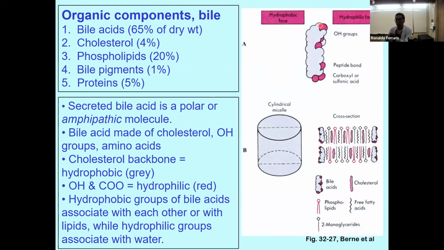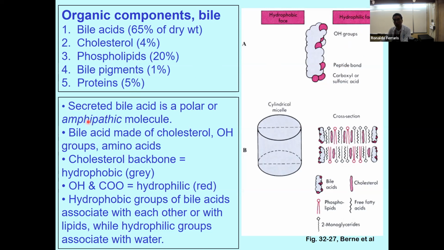So secreted bile acid is a polar or amphipathic molecule. So this is your bile acid. The gray part is the hydrophobic phase of the bile acid. The hydrophilic part is represented by these hydroxyl and carboxyl groups. And that's the hydrophilic phase. So it's an amphipathic molecule.